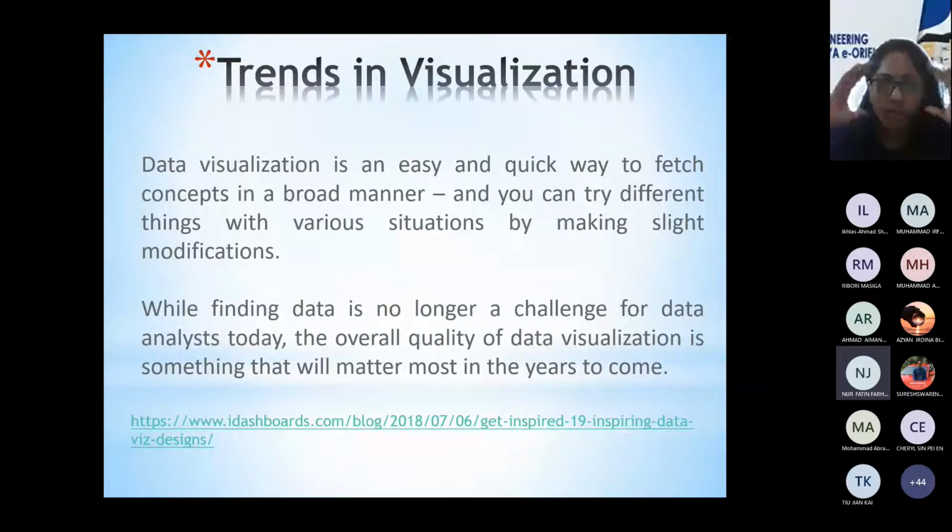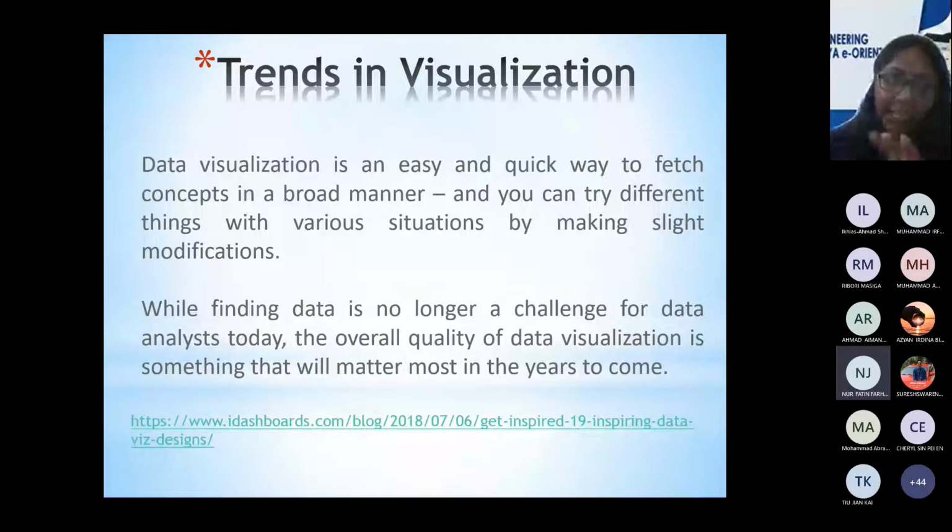How you visualize something is also critical thinking. You don't just follow people, but how creatively you present things will attract people to buy your information, to buy your idea. If I am trying to say the product that I'm selling is good, how I visualize it, how I present it to people, if people buy it, that means my marketing is successful. So this is another skill for you to pick up.